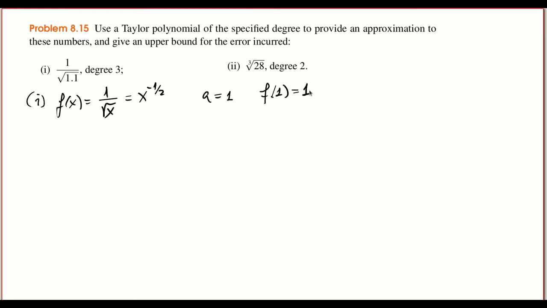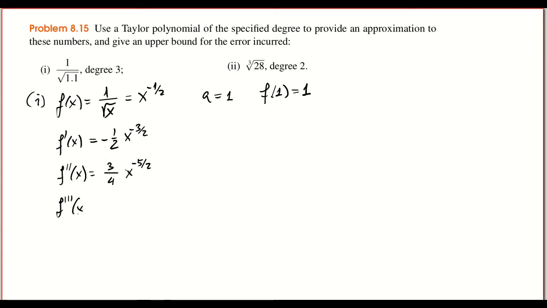Fine. So we need 3 derivatives for the polynomial and the fourth one for the remainder to estimate the error. All right, so we need to calculate derivatives. So this is minus 1/2 x to the minus 3/2, right? Second derivative is 3 over 4 x to the minus 5/2.